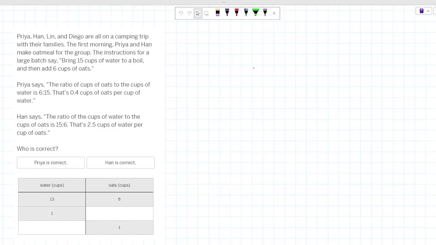First, let's look at some information that we have. The second thing Priya suggests is that it's 4/10 or 0.4 cups of oats per cup of water.